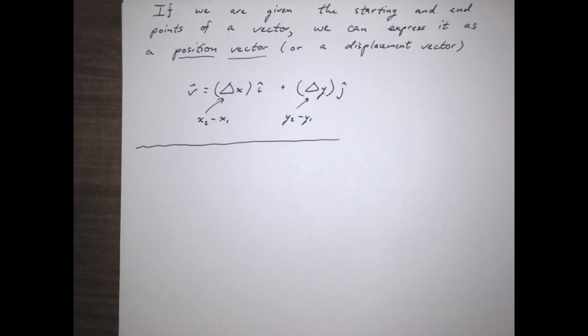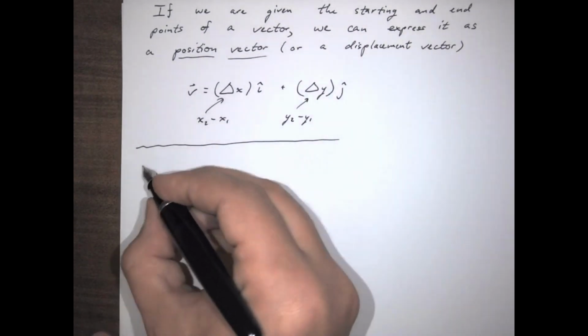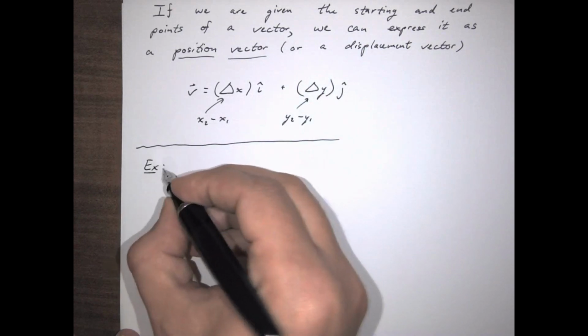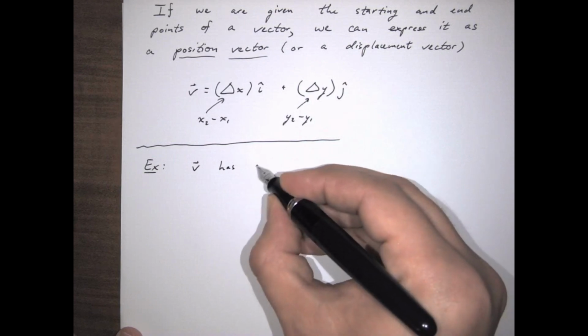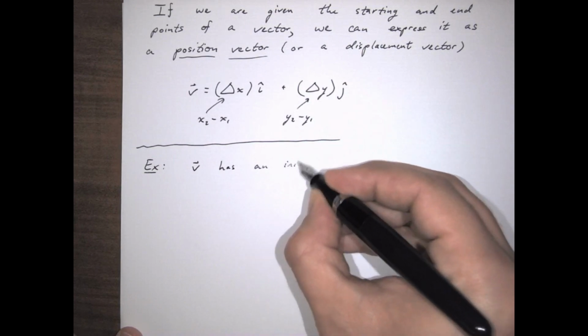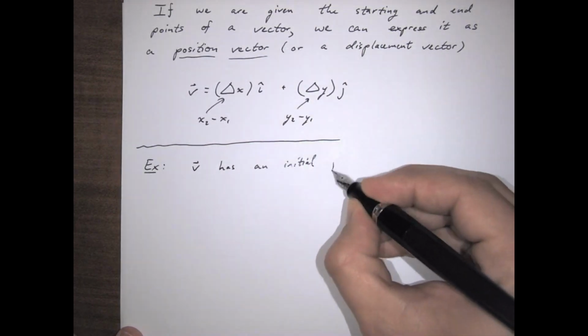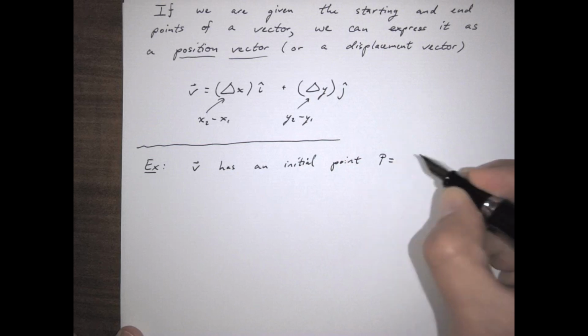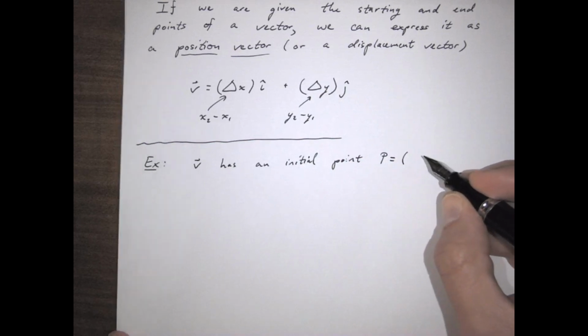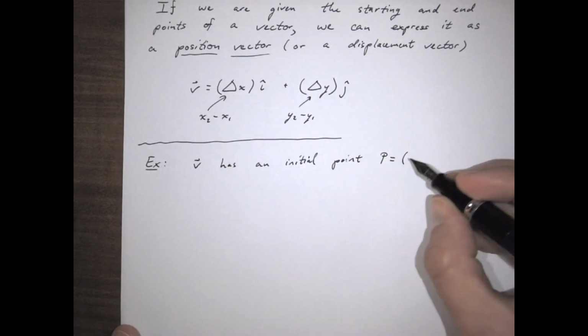So as an example here, let's say v has an initial point p equals, and here this is just going to be a point, so it's just going to be coordinates.